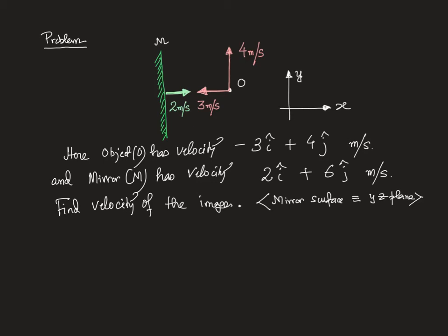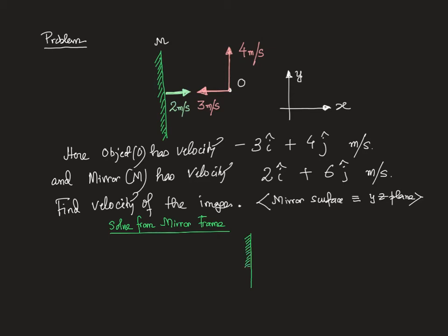So again you can move to the frame of the mirror. Solve from the mirror frame. That is a good habit actually. When we deal with a concave lens, concave mirror, convex mirror, always solve from the frame of the lens or the mirror and then convert it to the ground frame.